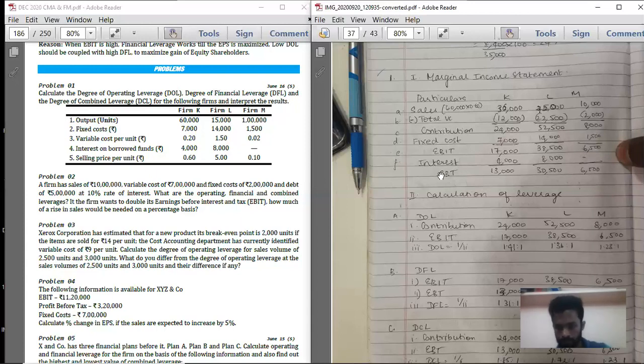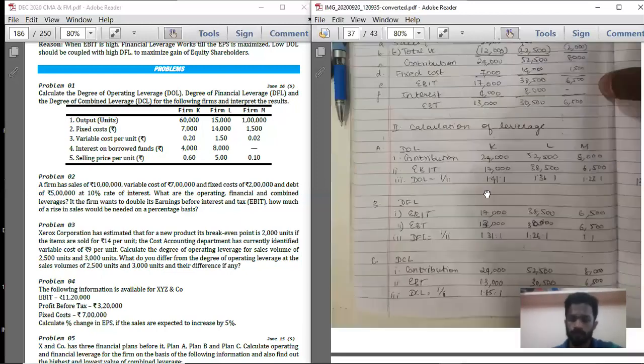Below that, small i, EBT. Now deduct it. 17,000 minus 4,000, that is EBT for K, 13,000. 38,500 minus 8,000, that is 30,500 for L. And for M there is no interest on borrowed funds, so 6,500. That is earnings before tax, EBT.